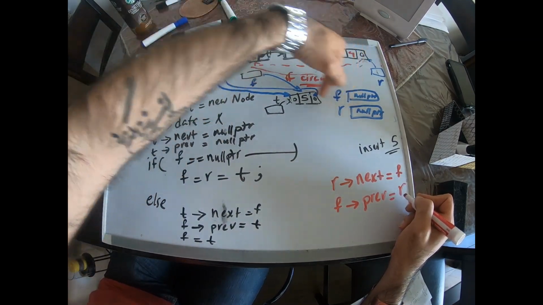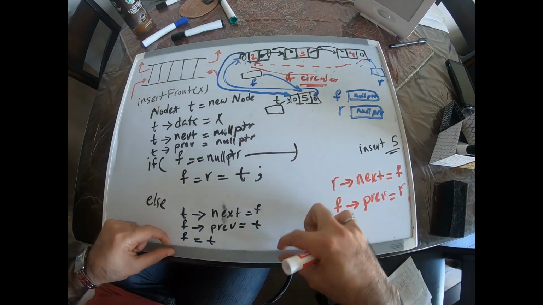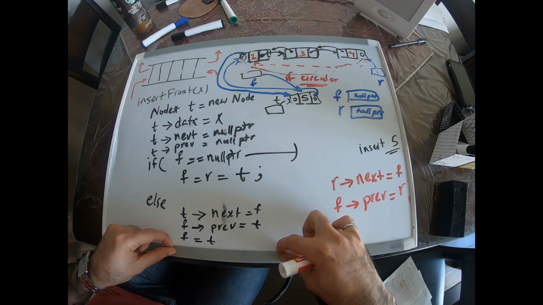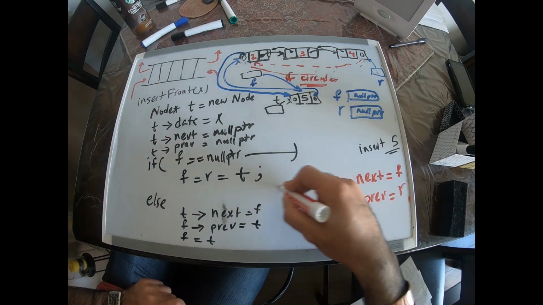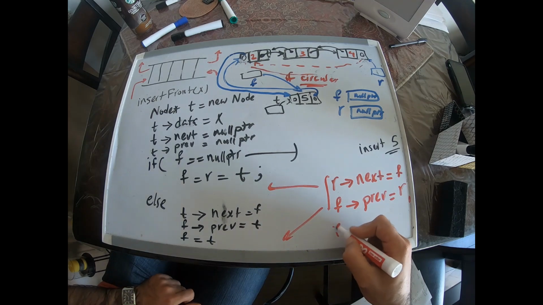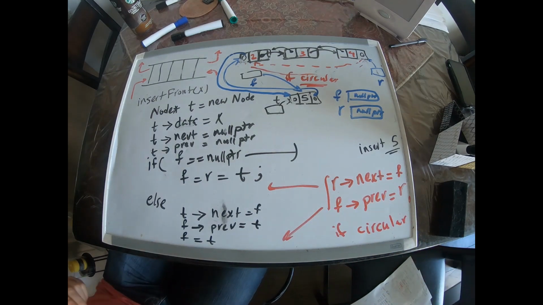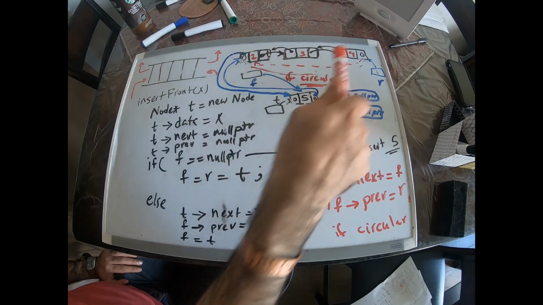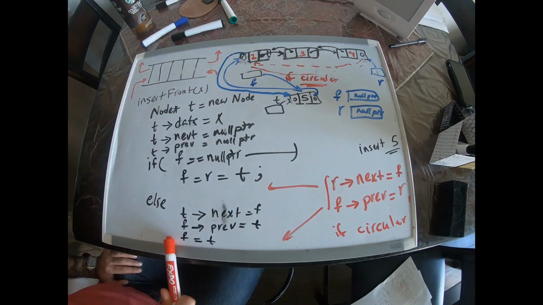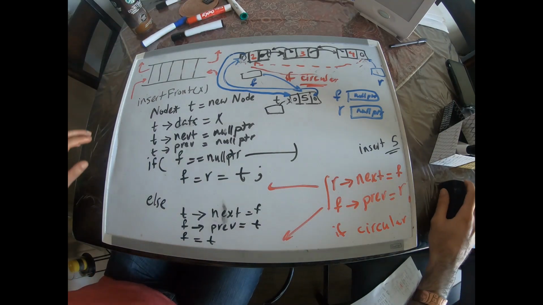If we want to make it circular, you just have to enter this one here and here, both cases. Okay, so this would go both here and here if you want to make it a circular linked list. Otherwise, if you just want to have a linear double linked list, this would just implement the insertion from the front.